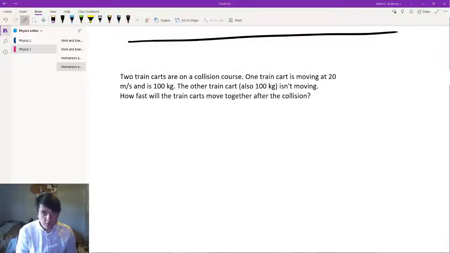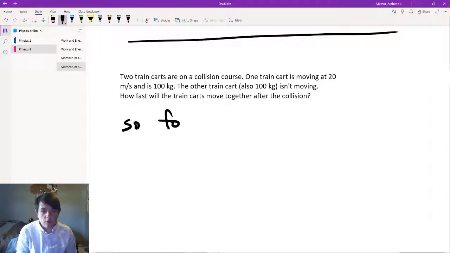Okay, so for every single momentum problem, what you want to do is set up a before and after, or 2 states like we did with energy.